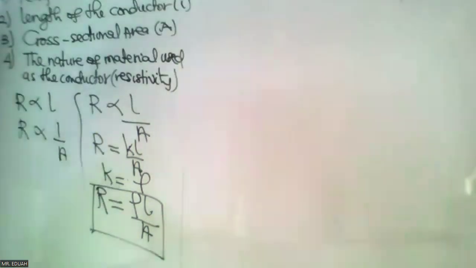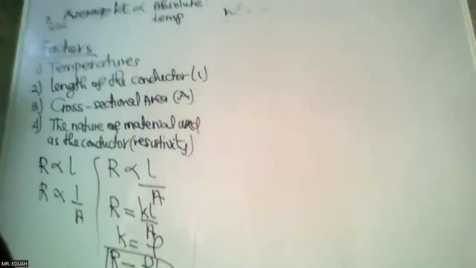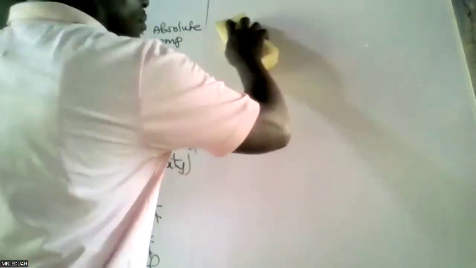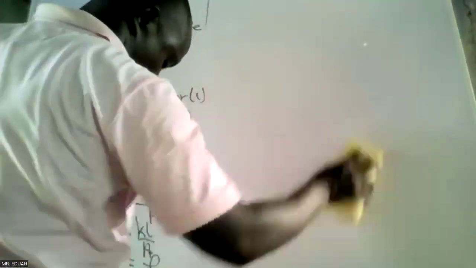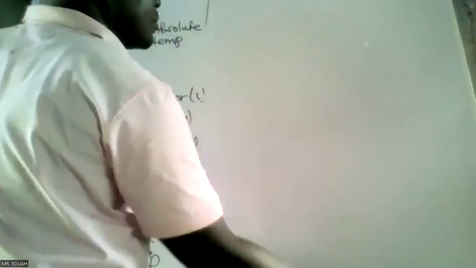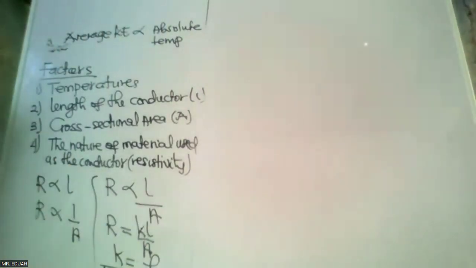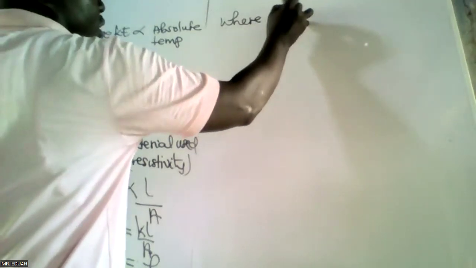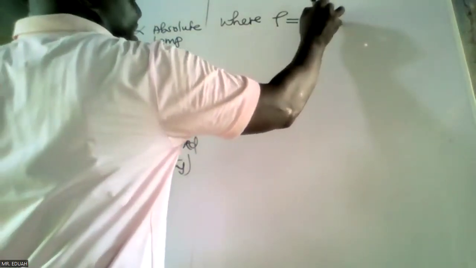Let's define the variables. Where rho is equal to resistivity.